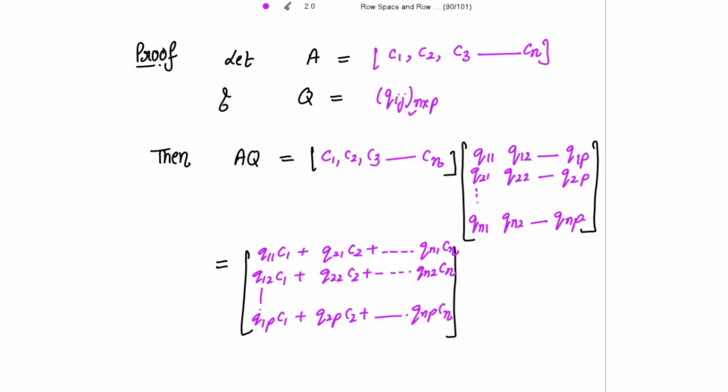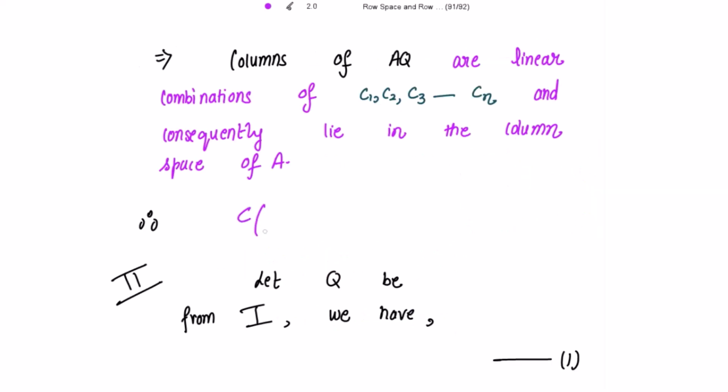So what does this show? This shows that the columns of AQ are linear combinations of C1, C2 up to Cn. Consequently, they lie in the column space of A.